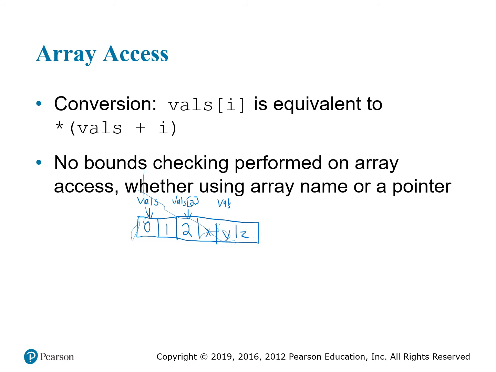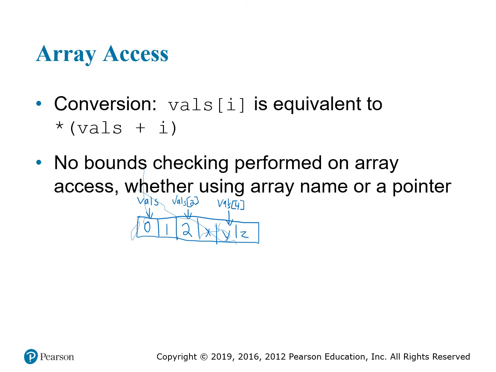Vals[4] would get me the value y, which of course it wouldn't return as y, it would return the numerical equivalent of that, because I told it I'm using an int.